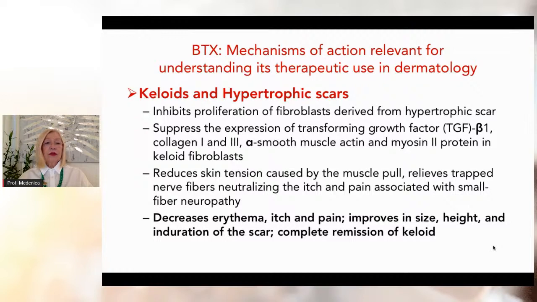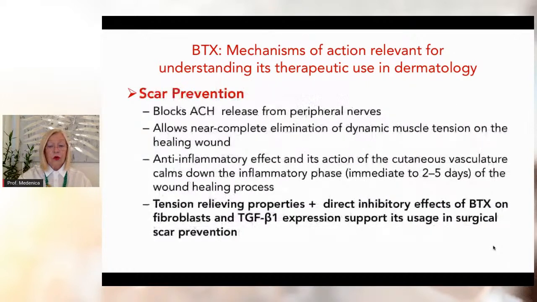So, intradermally used botulinum in keloids and hypertrophic scars decreases erythema, itch, and pain, and improves the size of the scar, its height, and also duration. And it is acting toward complete remission of keloids.